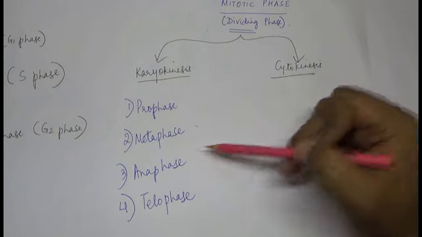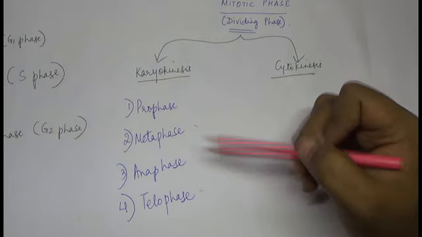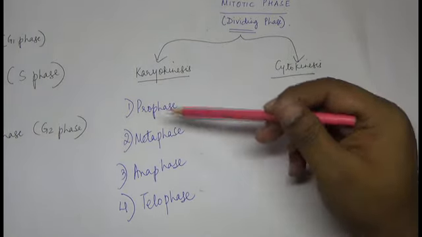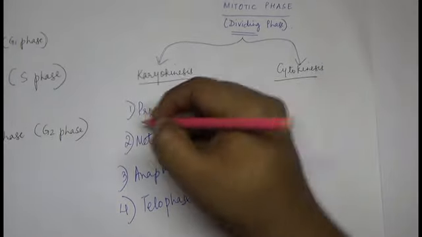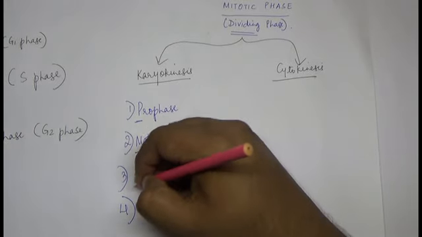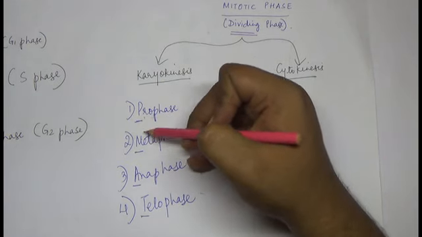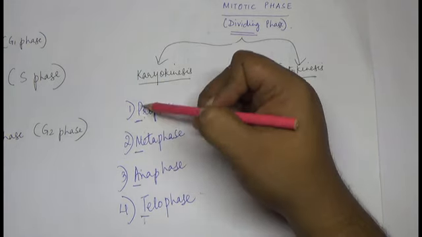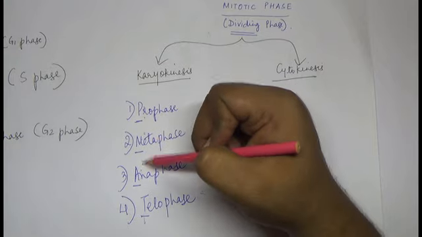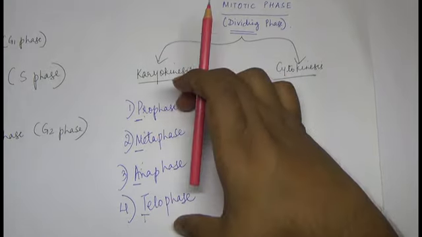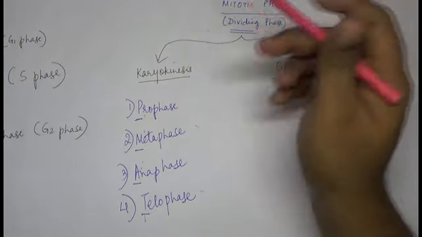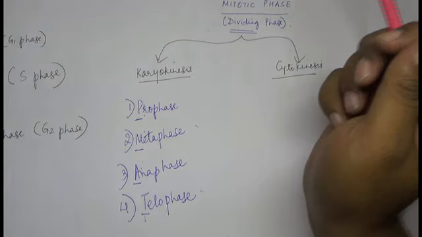Prophase, metaphase, anaphase, telophase. Yes, you have to remember all of these phases in order. And how will you remember it? You will just remember PMAT: prophase, metaphase, anaphase and telophase. These are all the phases which will comprise the karyokinesis or nucleus division.